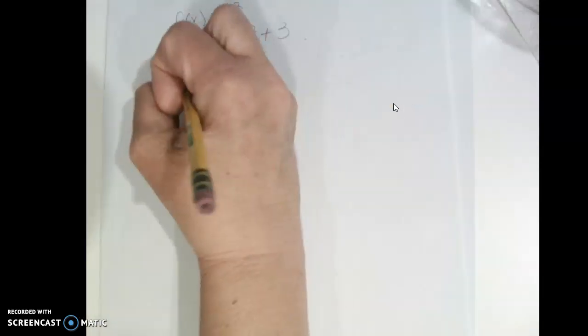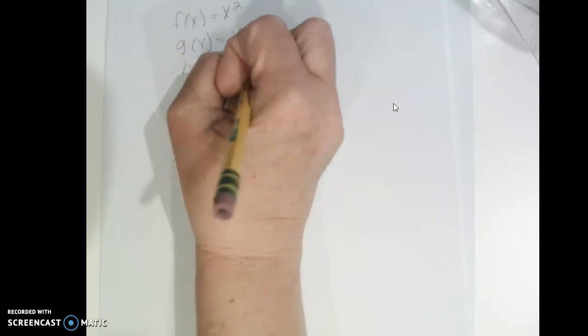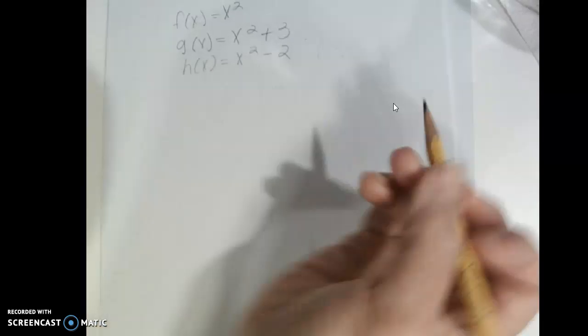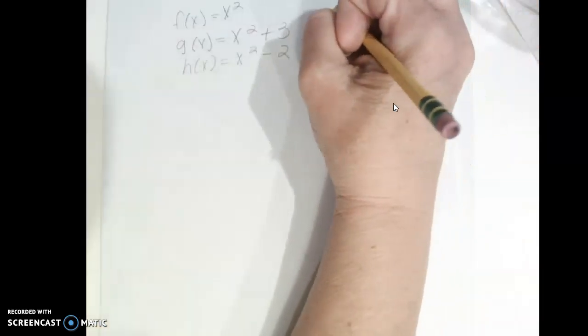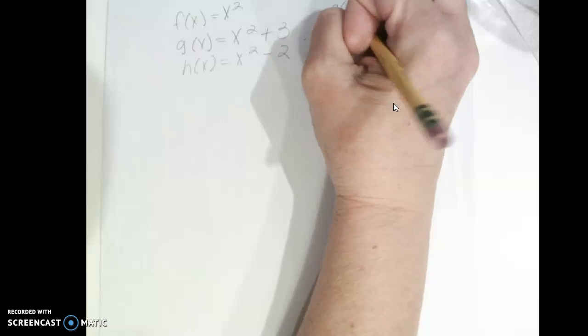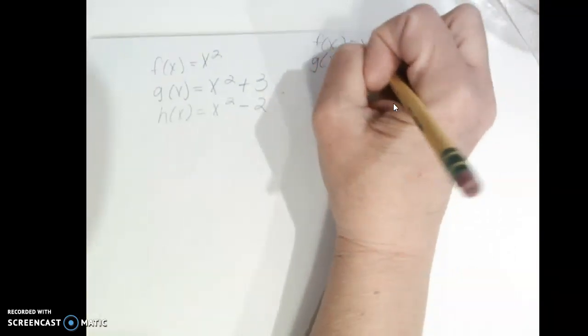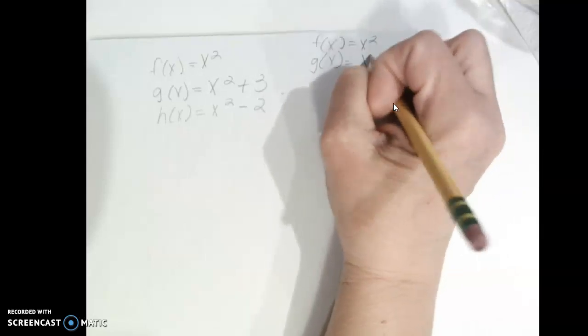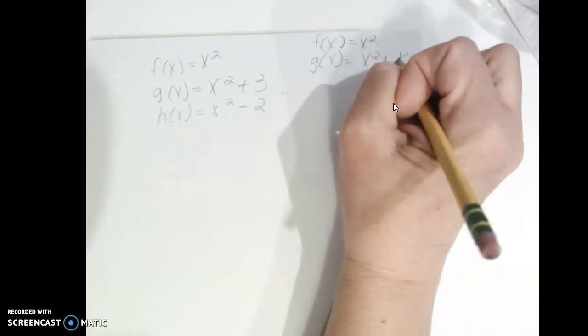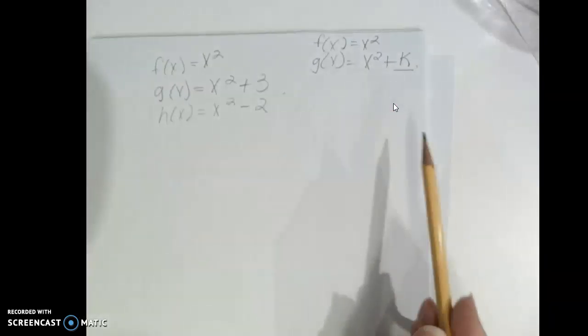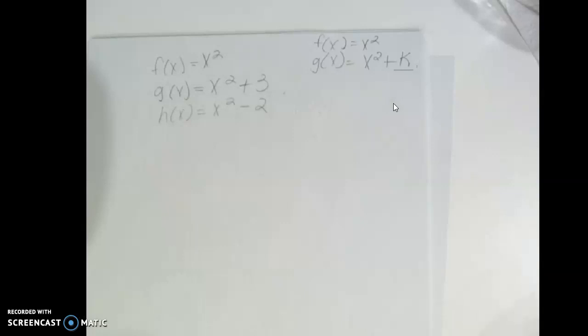If I had h of x is equal to x squared minus 2, you would say the graph is moving down 2. The way they're notating this is, if our parent function is f of x equals x squared, this is going to be x squared plus k, using the letter k. And k is what's determining whether it's moving up or down.